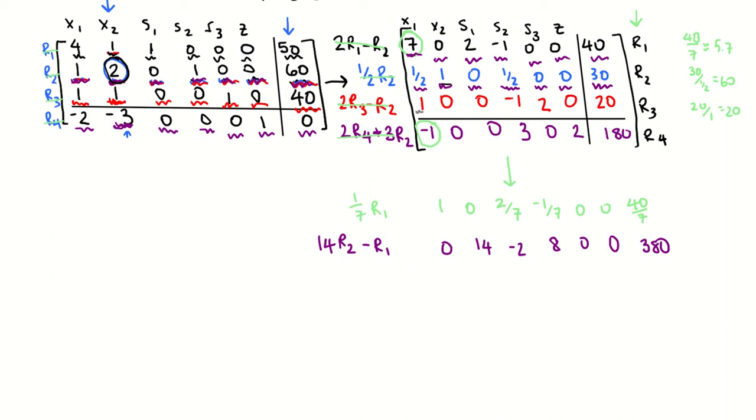Now row 3, we want to turn this 1 into a 0 and combine it with the 7. So to do that, we'll do 7 times row 3 minus row 1.